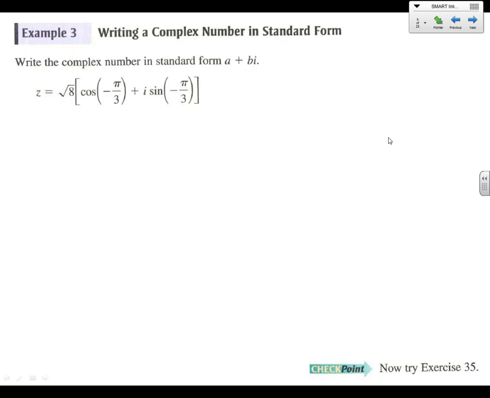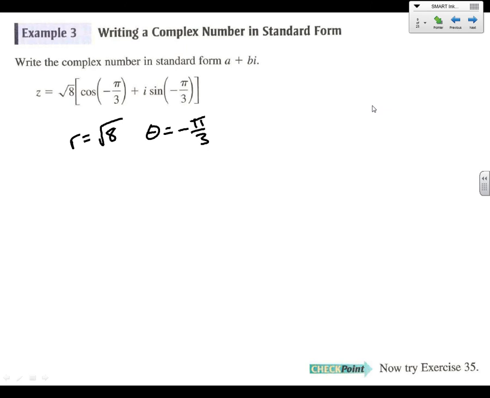Okay, number 3. Now we're going to write the complex number given the trig form. So we're going to go backwards on this one. This one's pretty straightforward. Our r is the square root of 8, and we know our angle is negative pi over 3. We want to figure out the real and the imaginary number.